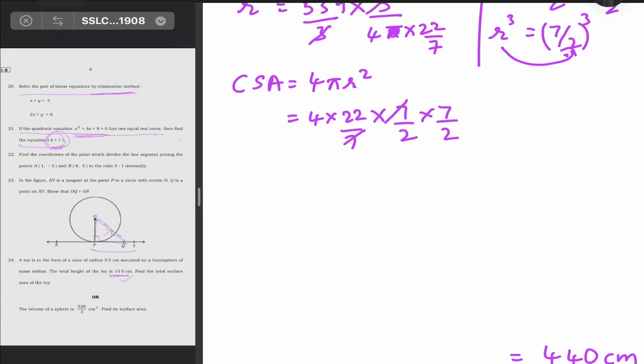On simplifying, 7 gets cancelled, 2 ones are 2, 2 2s are 4, 11 2s are 22, 22 into 7, that is equal to 154 centimeter square is the curved surface area of the sphere.